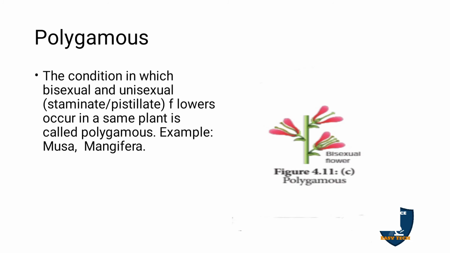Polygamous. This is the condition in which bisexual and unisexual flowers occur in the same plant. Example, Musa and Mangifera. In the same plant, not in the same flower, you can see the bisexual flower and the unisexual, that is, pistillate and staminate flowers.